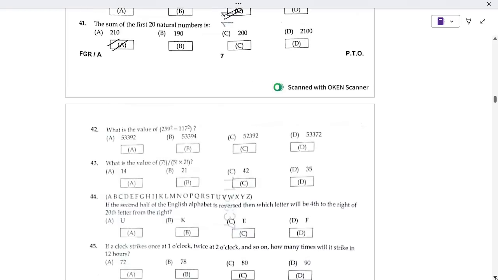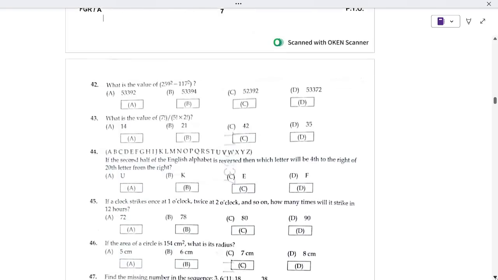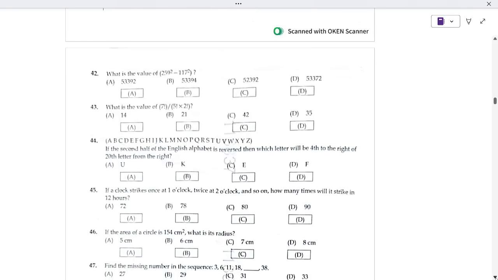Okay, what is the value of 259 square minus 117 square? So here we can apply a square minus b square equals a plus b into a minus b. So here 259 plus 117 is one factor. Next one is 259 minus 117.